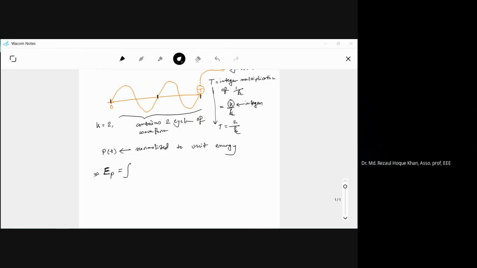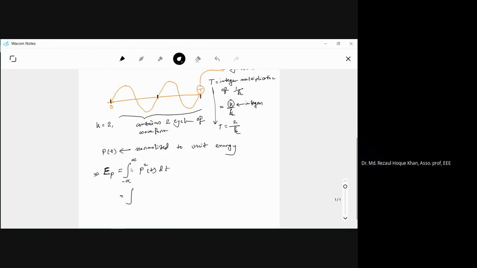There is a lecture, probably lecture 4, on signal power. There we find that energy Ep is the integral from minus infinity to infinity of p squared of t dt.